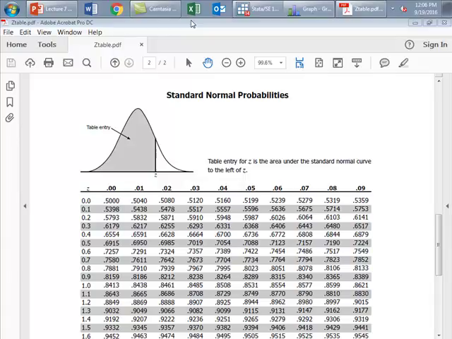So this part of the table right here, this is called the field. This is the field of the table. So in the field of the table, under 0.00, it tells us that half of the data is to the left, remember our left as we're looking at it, of the z-score, which is less than.